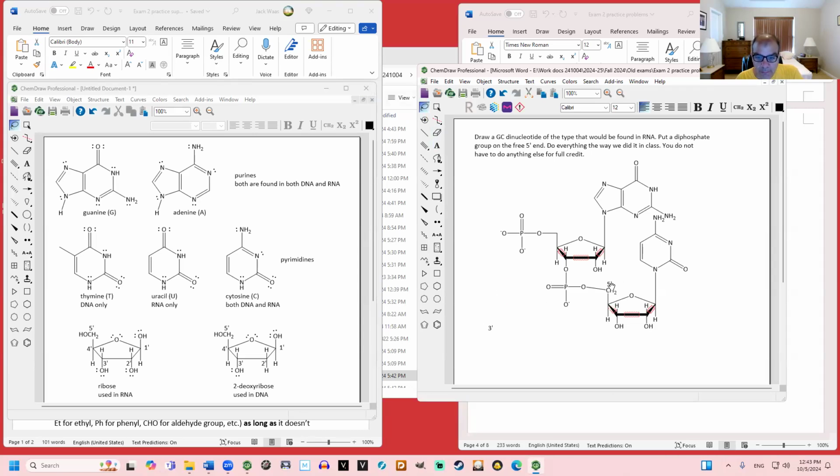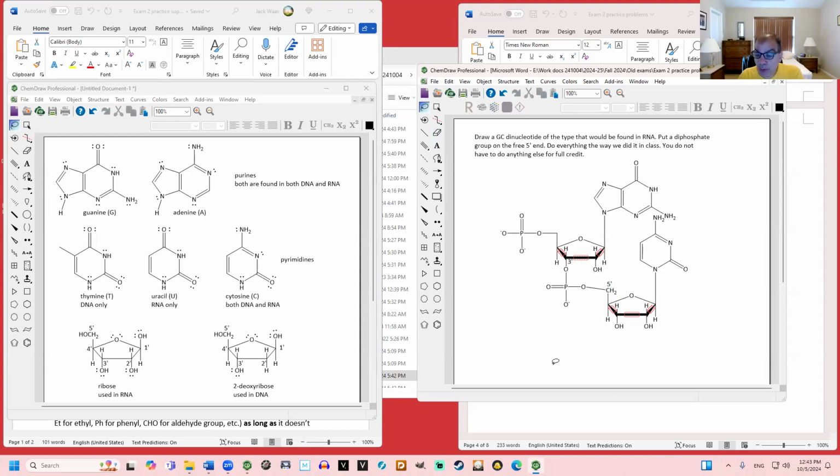So here's the 5' carbon of that ribose. And here's the 3' carbon of that ribose. Notice there's always a single phosphate in between those two.